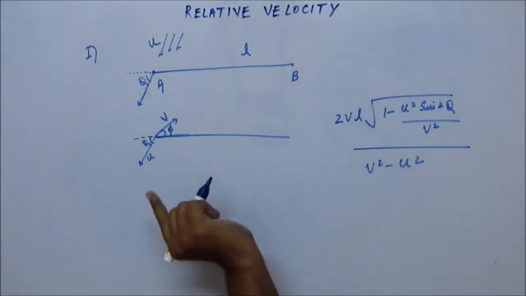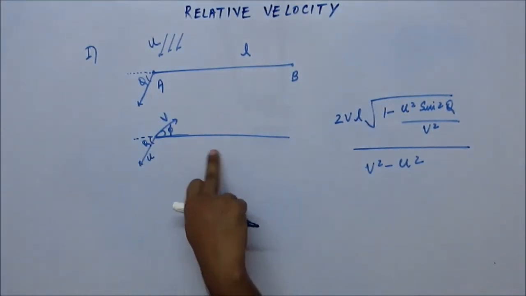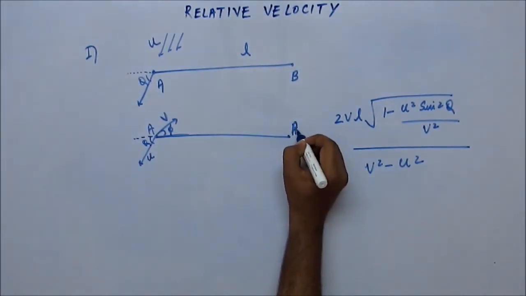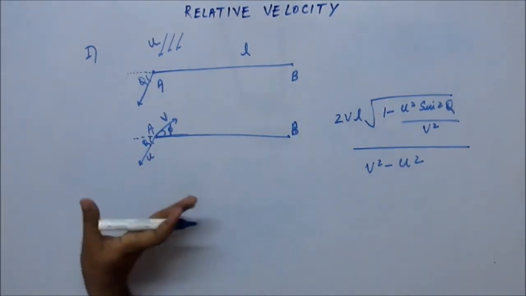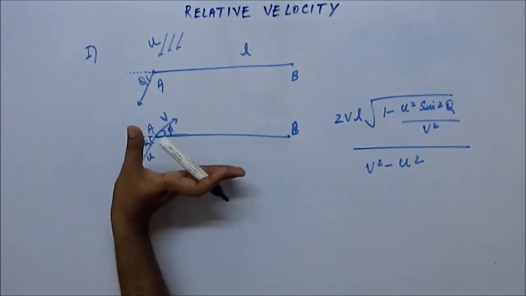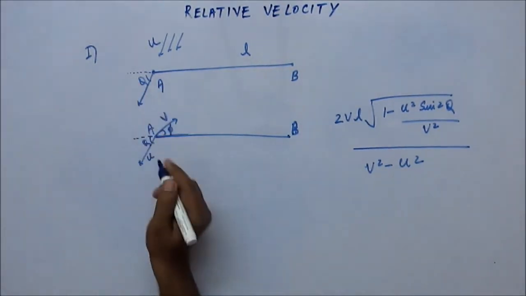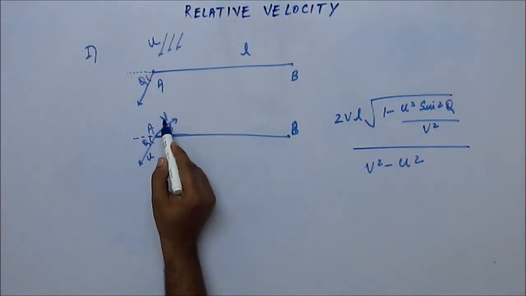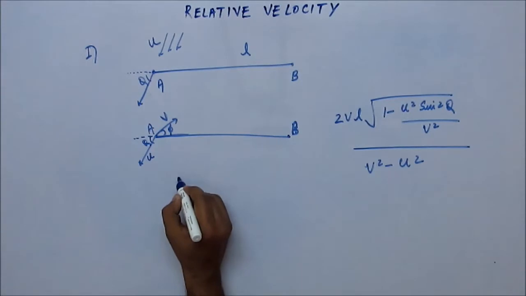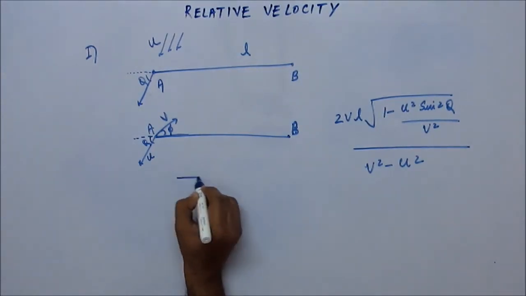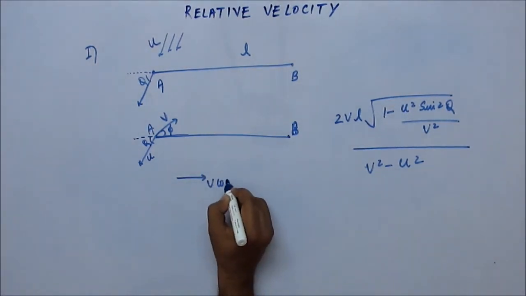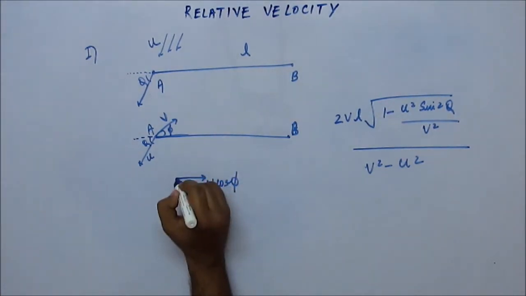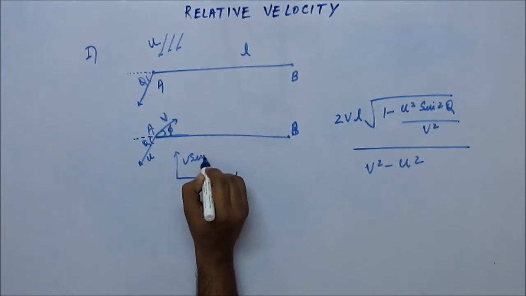Now if the aeroplane has to go straight, then the net velocity should be along the line AB. For that to happen, let's break the velocity into components along AB and the direction perpendicular to AB, calling this I cap and that direction J cap. If you break this velocity, it will be broken like this: V cos phi, and this would be V sin phi.